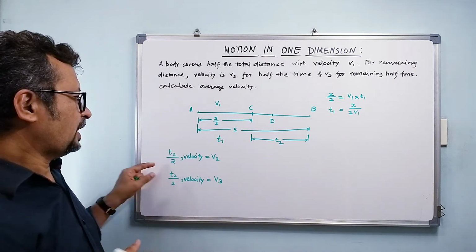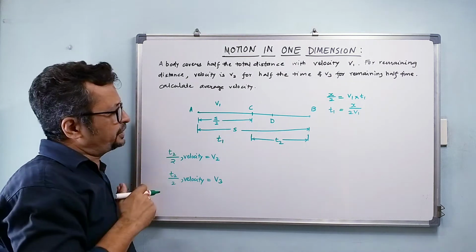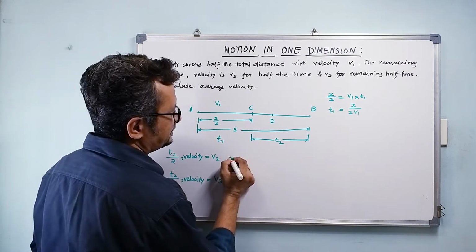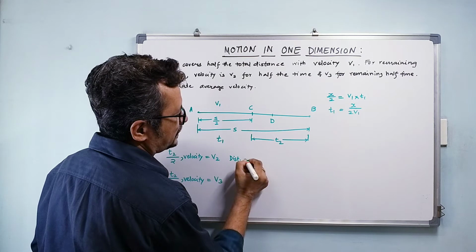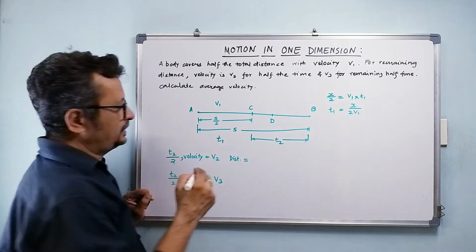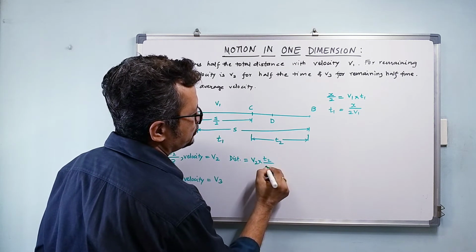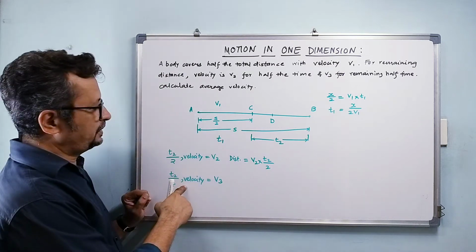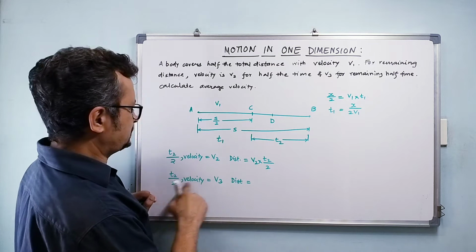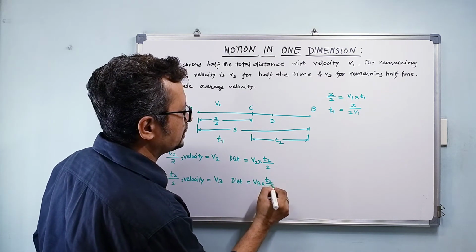Now here I have the time interval in terms of t2, and I have velocity. So what is the distance here? My distance is again speed into time, so that would be v2 into t2 upon 2. Here distance is equal to v3 into t2 upon 2, correct?